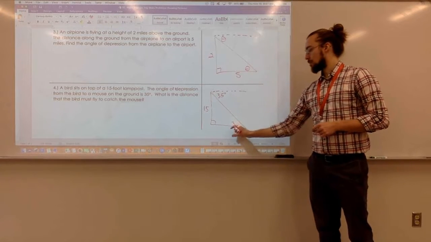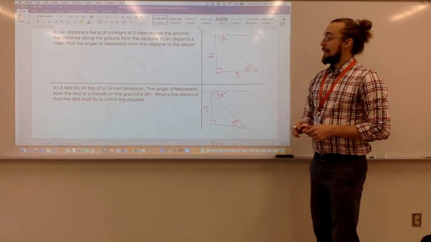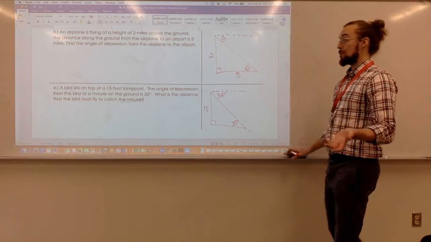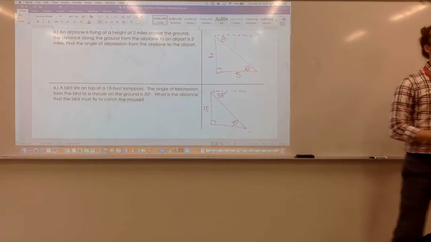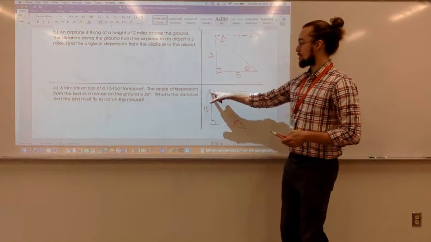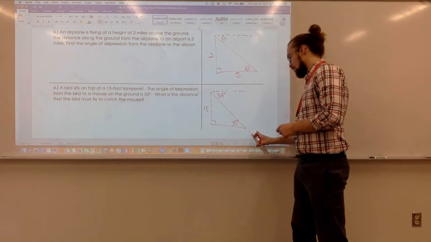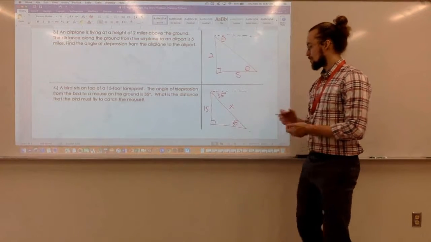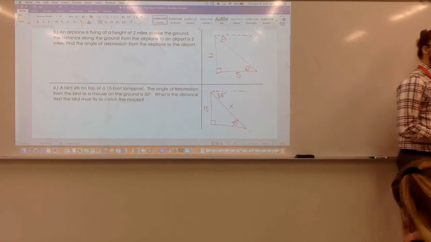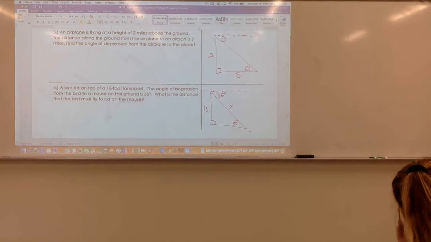The bottom one. Now, the distance that the bird must fly to catch the mouse: if the bird's at the top of the lamppost and the mouse is down here, the bird is going to fly along this path. So the hypotenuse would be what I want to find, the distance that the bird would have to fly.